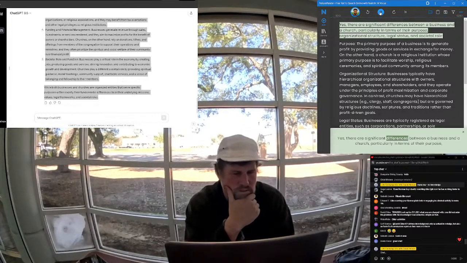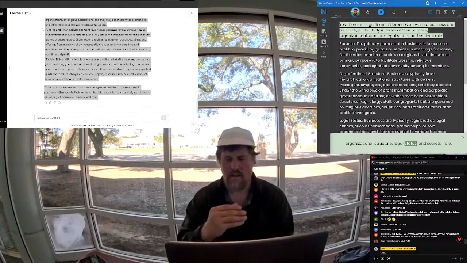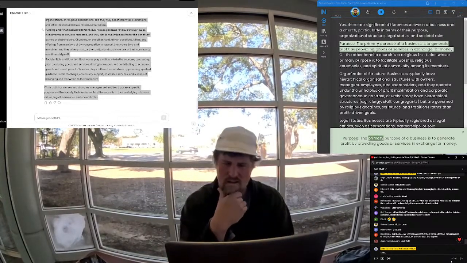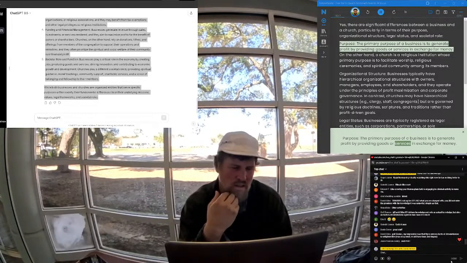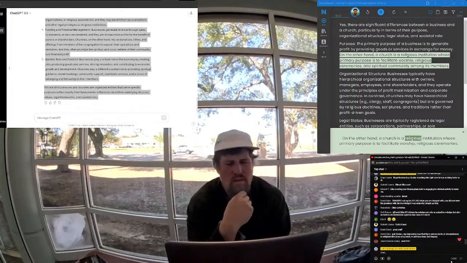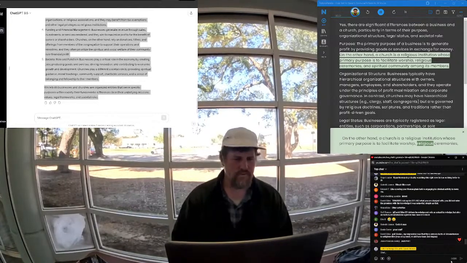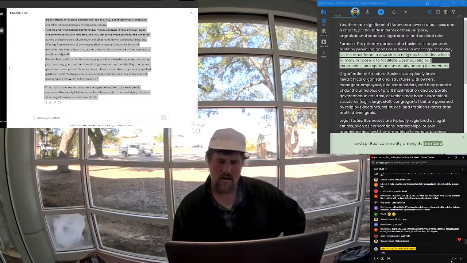Yes, there are significant differences between a business and a church, particularly in terms of their purpose, organizational structure, legal status, and societal role. Purpose: the primary purpose of a business is to generate profit by providing goods or services in exchange for money. On the other hand, a church is a religious institution whose primary purpose is to facilitate worship, religious ceremonies, and spiritual community among its members.